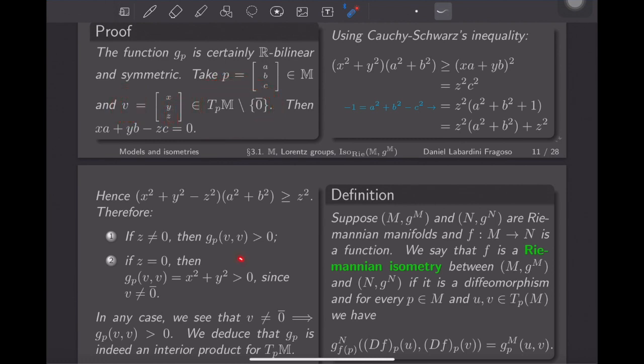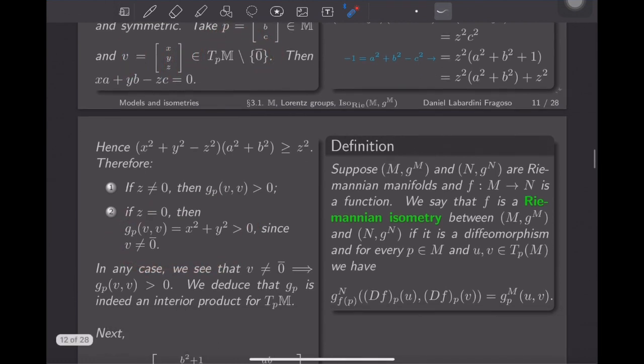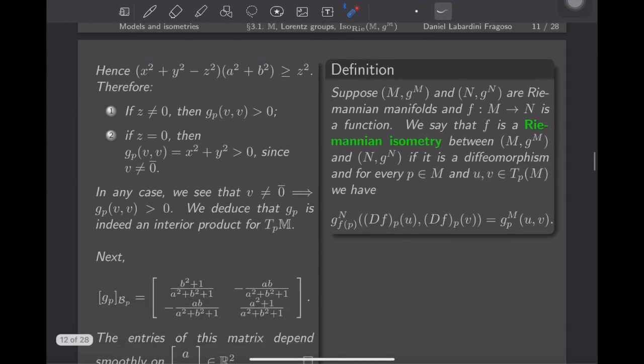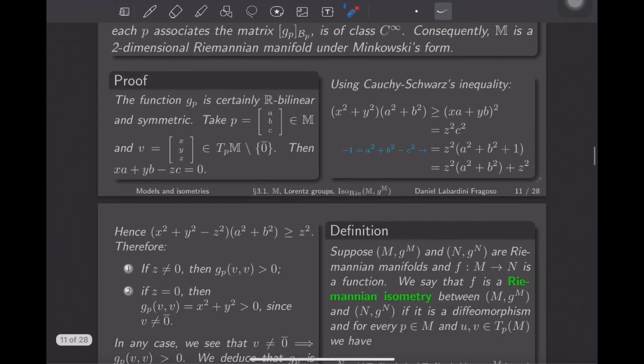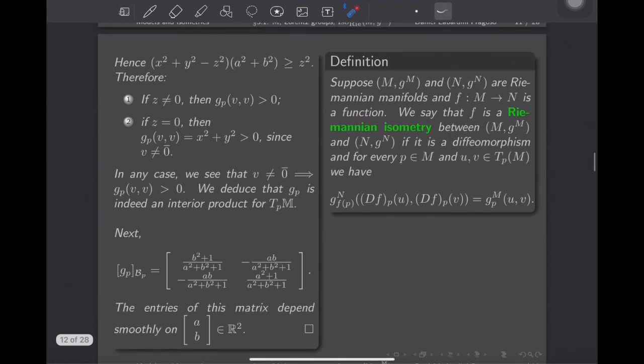So in any case, V paired with itself is always positive. And so I obtain that this is an inner product.